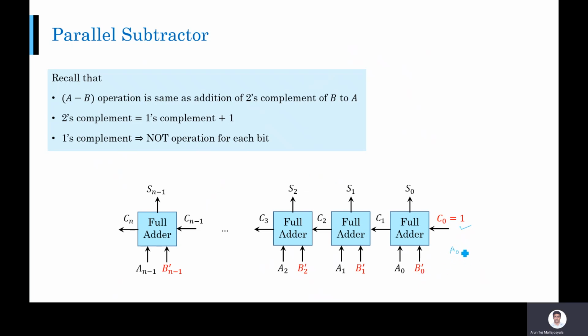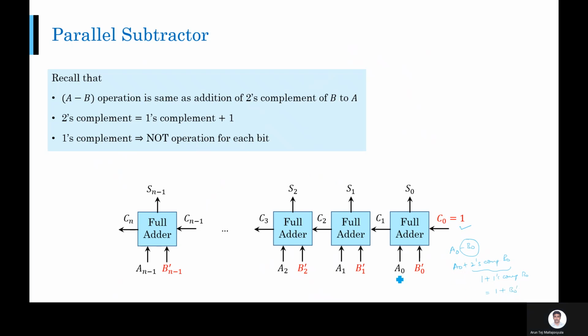A0 minus B0 will be, what do you do? You take the 2's complement of B0 and add it to A0. What is 2's complement of B0? 1 plus 1's complement of B0, which is 1 plus B0 dash, right?